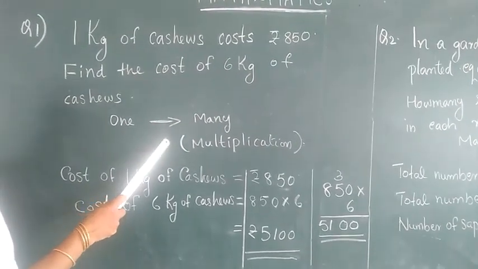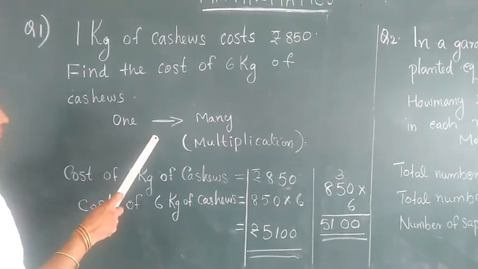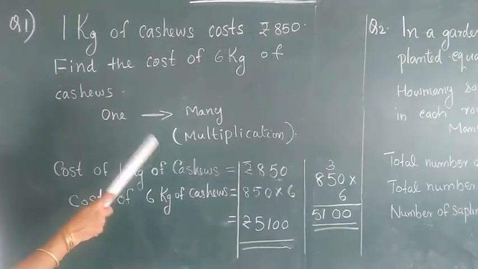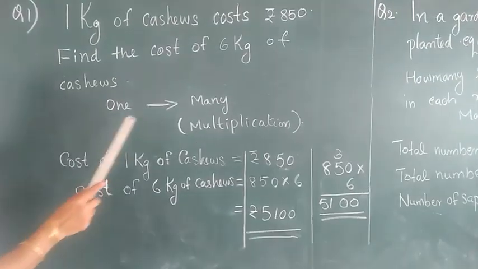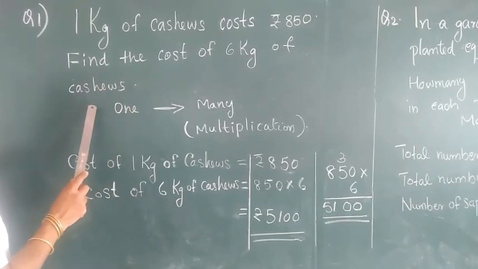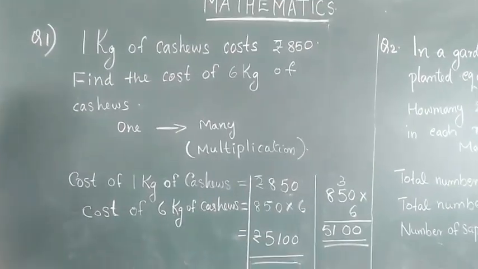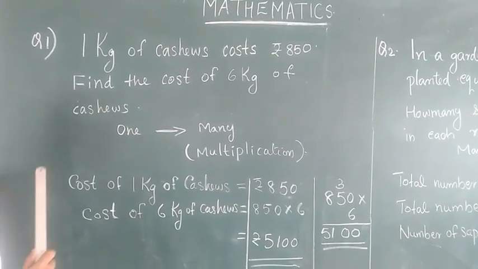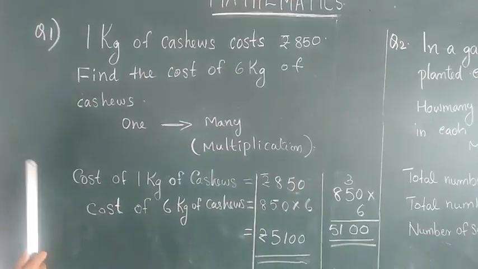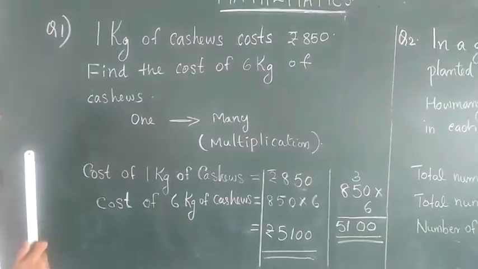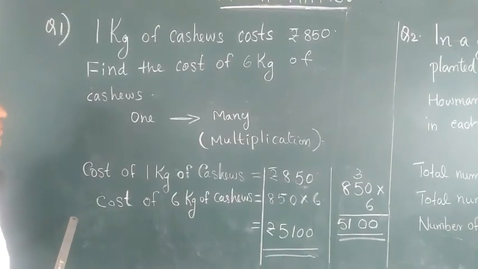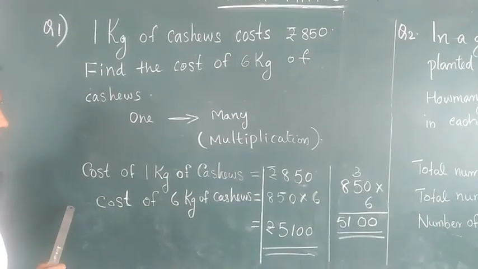If you have gone through the question, you got the answer. You are very brilliant children. Here the operation is multiplication. But we have to write the steps, because sometimes you may make mistakes if you do it without writing the steps.